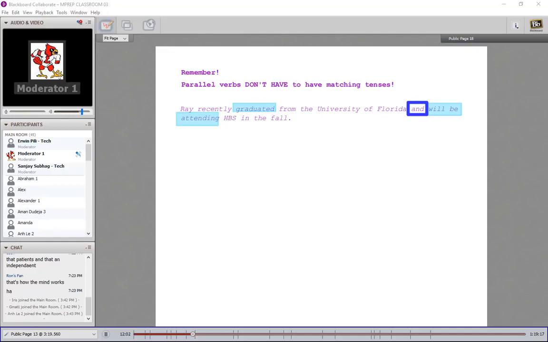Because remember, tenses are a function of context. Grammar-wise, all verb tenses are basically the same, but it's context and common sense that determines what tenses you should have. So this is something that happened in the past, and this is something that has not happened yet. So you don't need matching tenses. Don't think that you do.